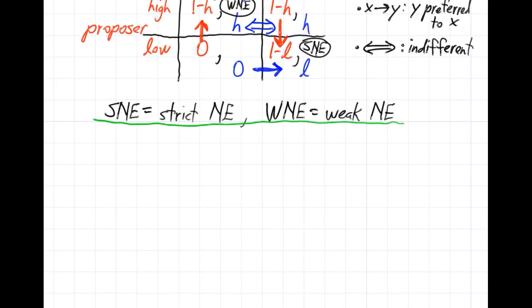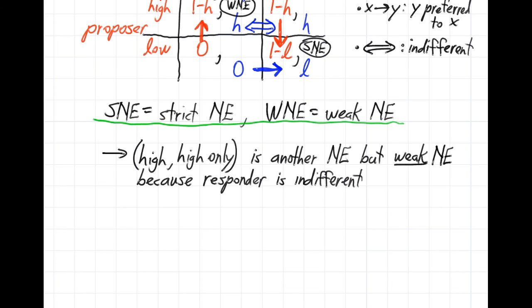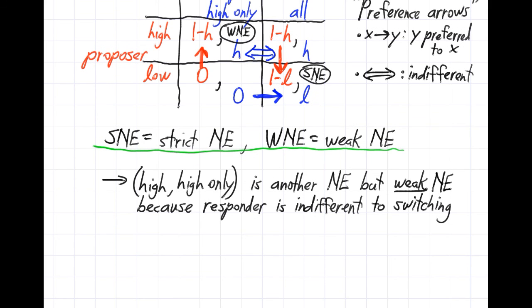And let me just rewrite what I've said already. The strategy high and high only, the outcome, offer high and accept high only, is another Nash equilibrium, but it's weak because the responder is indifferent to switching. So again, it is a Nash equilibrium because it's not the case that the responder prefers to switch away, but it's weak because the responder also isn't strongly drawn to staying.